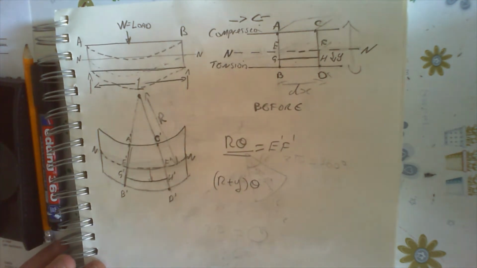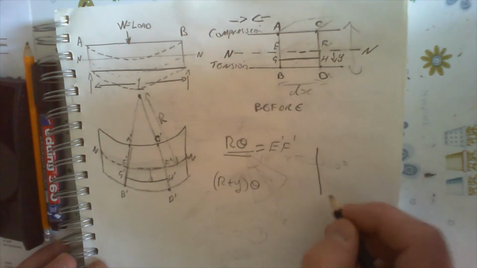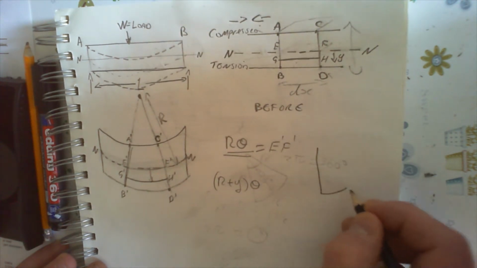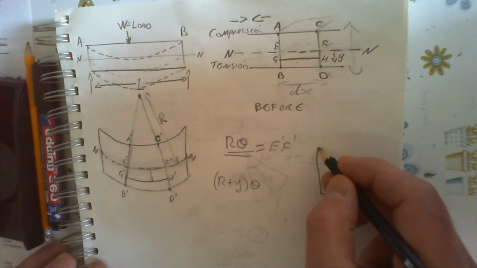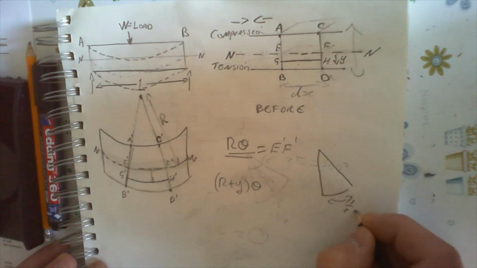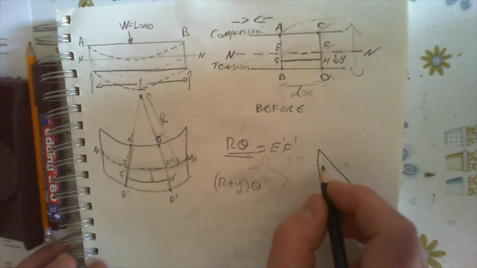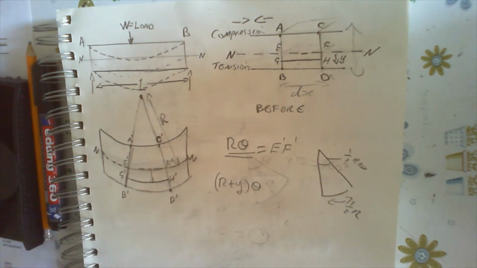I'll reiterate: say that's a radius and you went round half a radian, that would be half the radius. Just to reinforce that.